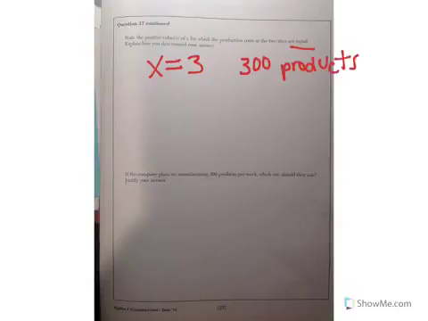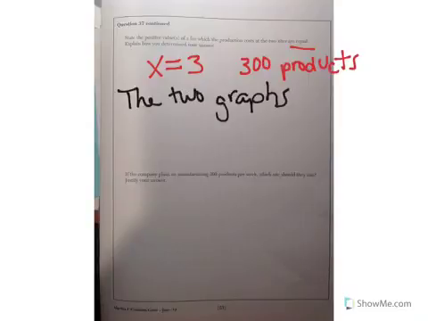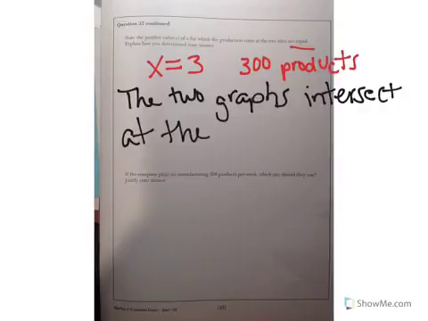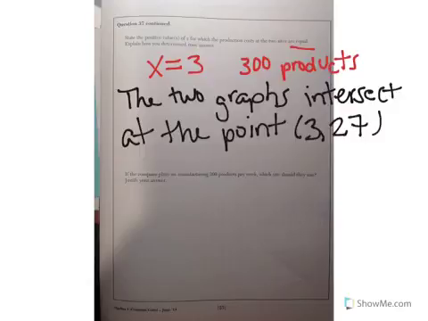That's what it told us. Explain how you determined your answer: at this point, the two graphs intersect at the point (3, 27). So that's how we know that these two sites are equal.